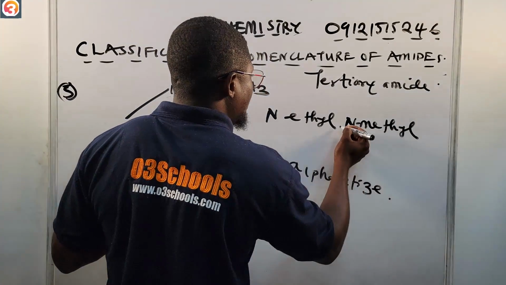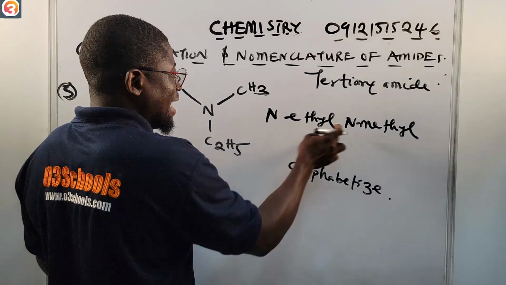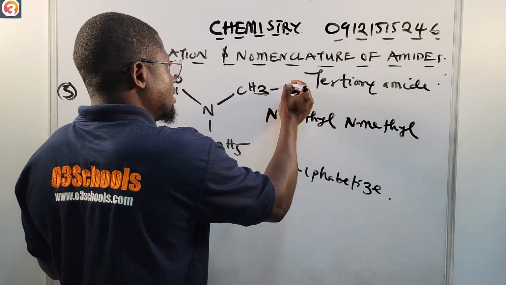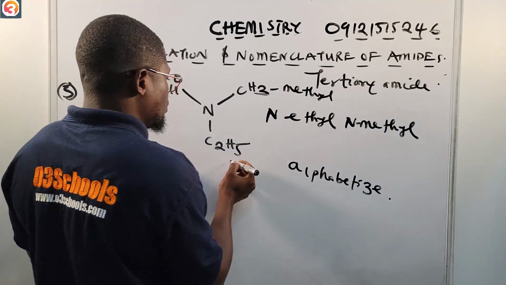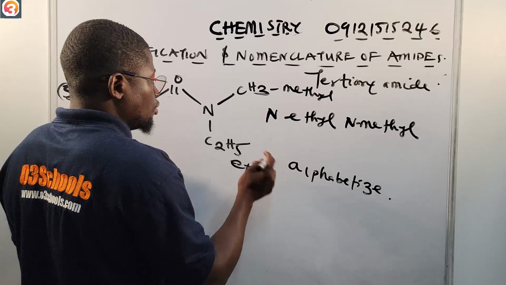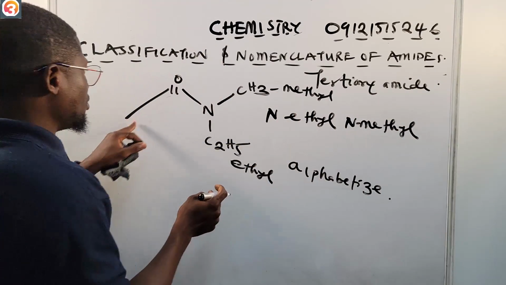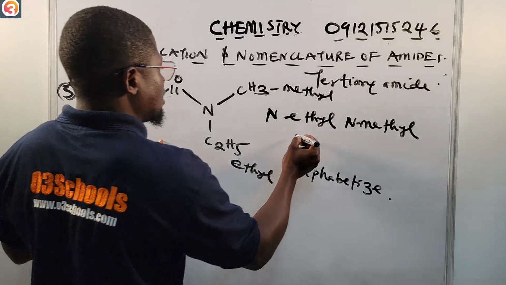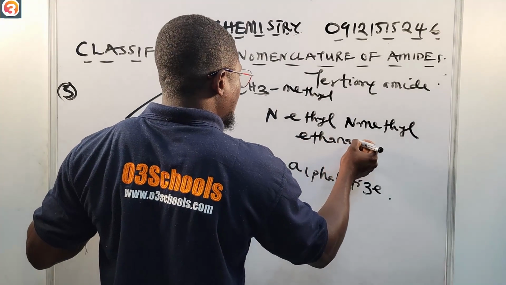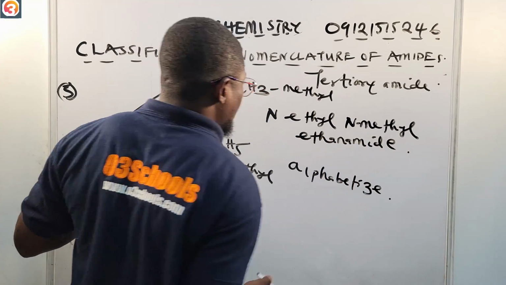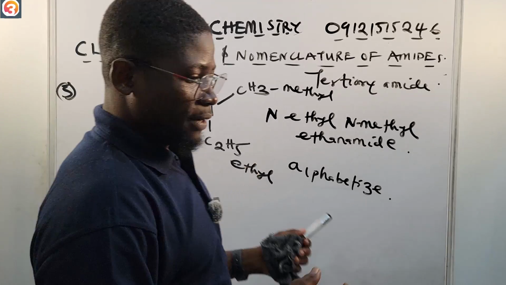This is methyl. This is ethyl. So N-ethyl, because E comes before M, then N-methyl. Then what I'm going to have here now, this is 2 carbon atoms. That is ethanamide.